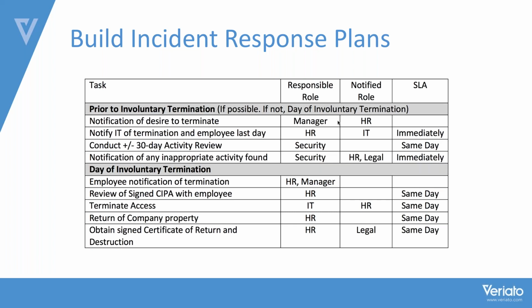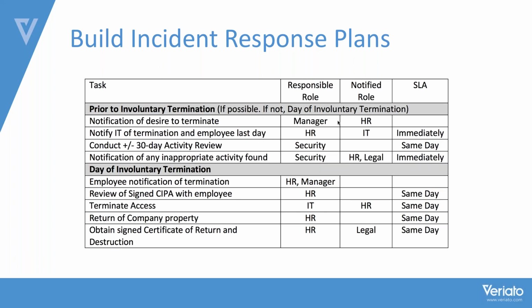So as the example on the first one there, prior to involuntary termination, if you know that. If not, then it becomes the day that you're terminating them. The manager needs to say, hey, I want to fire this person. They need to notify HR as soon as they possibly can. Then notifying IT of the termination and the last day: HR needs to tell IT, and the SLA is to tell them immediately, so that IT is ready to make sure that happens.